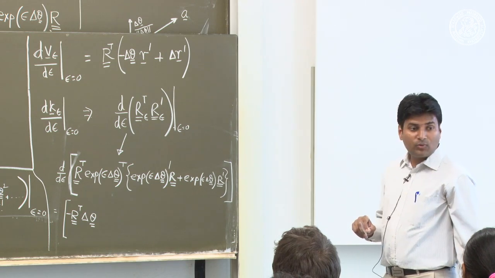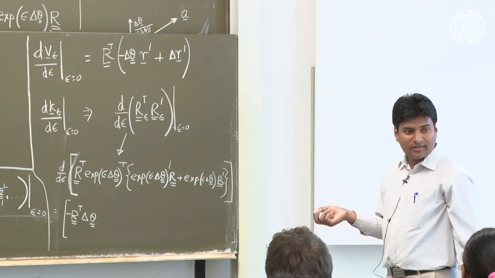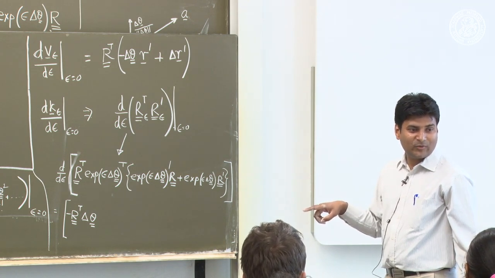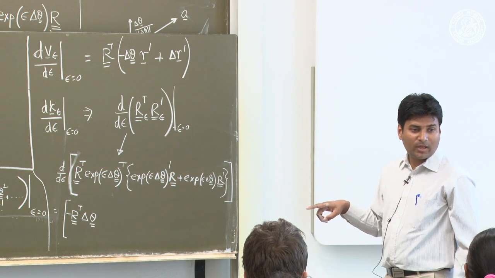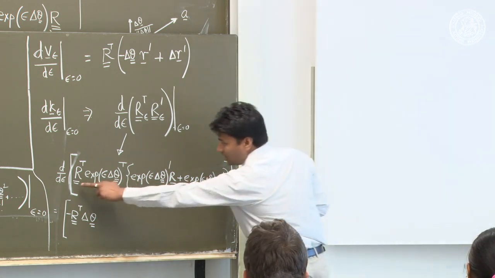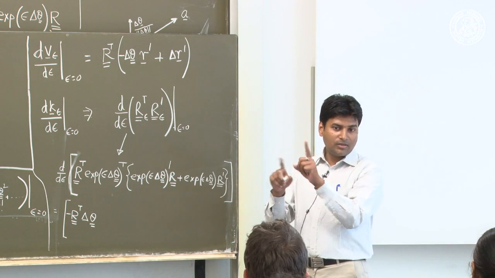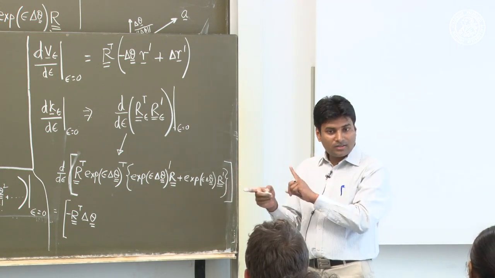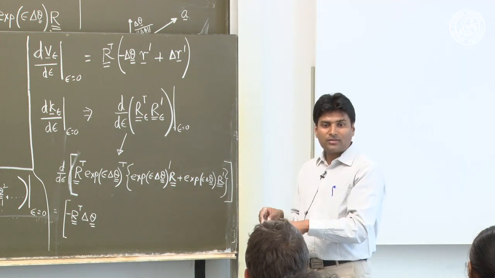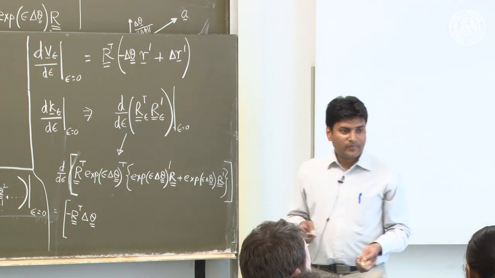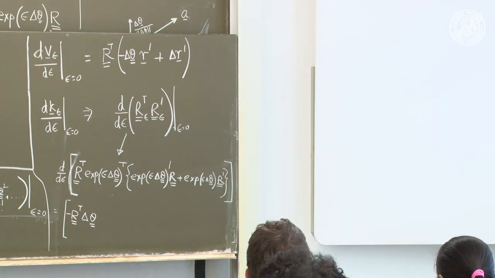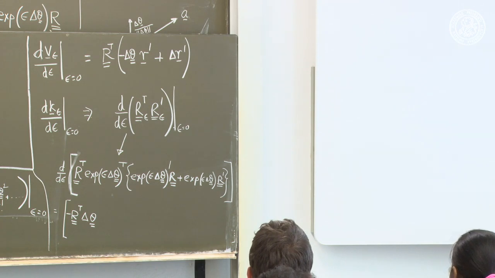The question is, can we put it first and then take d by d epsilon? We can't do that, right? So for that we have to say that epsilon and the prime can be interchanged because they are independent. So we interchange and then do first d by d epsilon. We have applied the d over d epsilon to the first term, and then everything in the bracket we simply put epsilon equal to 0 over there.